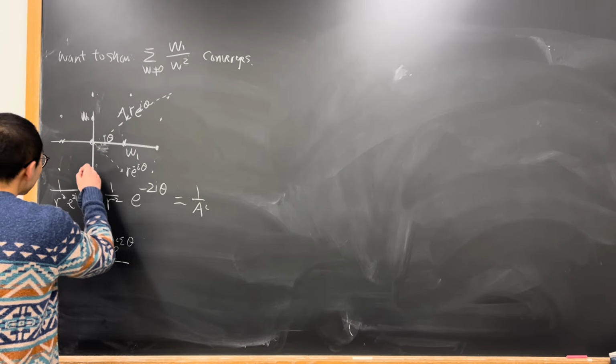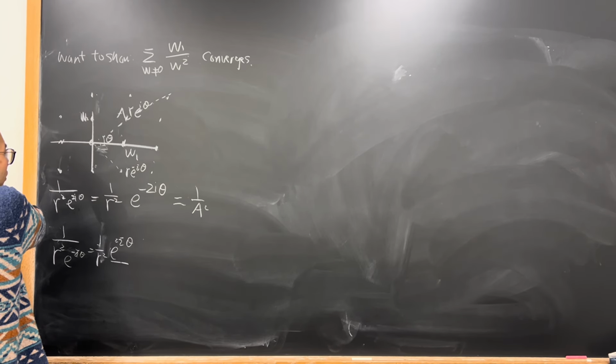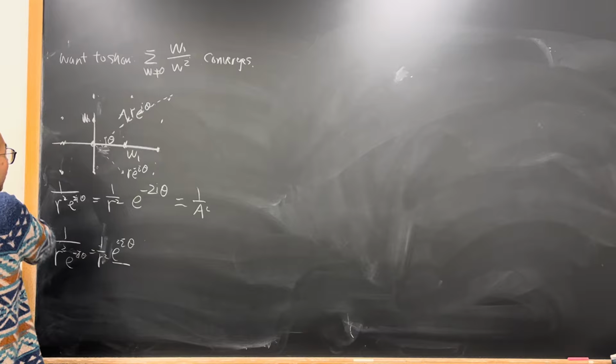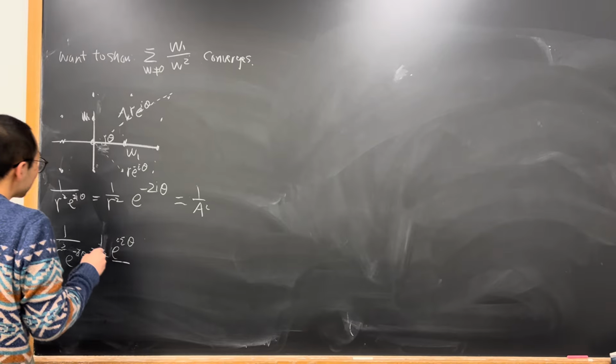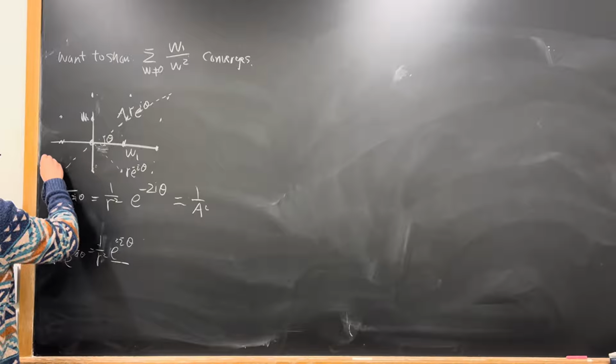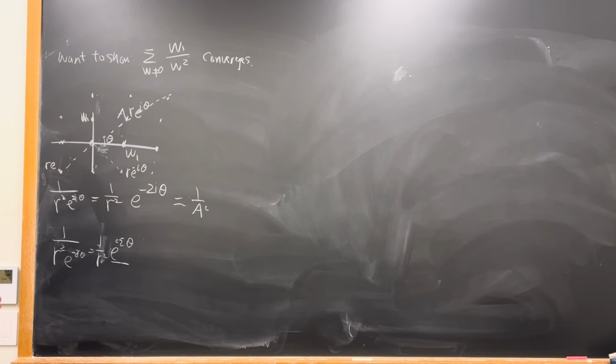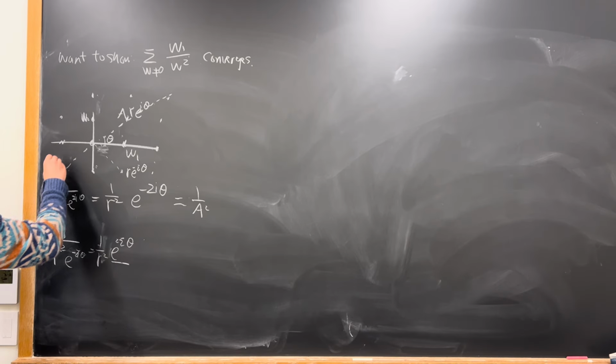Okay, so then let's think about this point. What about this point? This point has coordinate r e to the i, so now this is like theta plus pi, right?